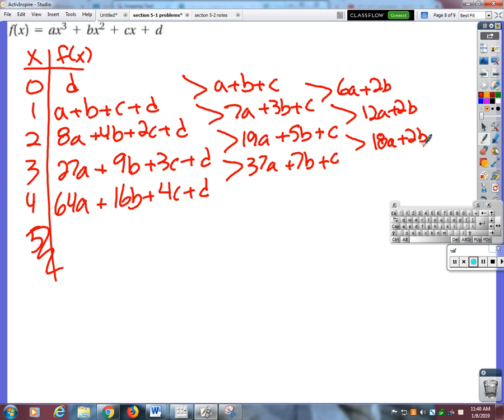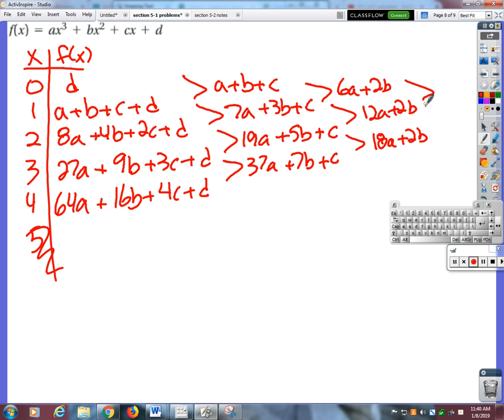Alexandria? Yep. I'm doing 4c minus 3c. And that gives me the 1c. Okay? All right, the second differences are also not the same.